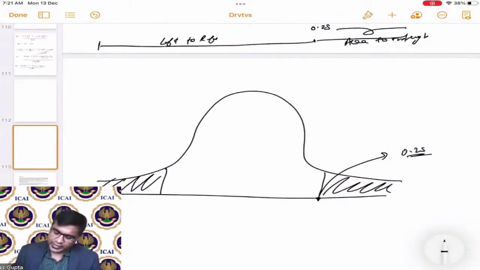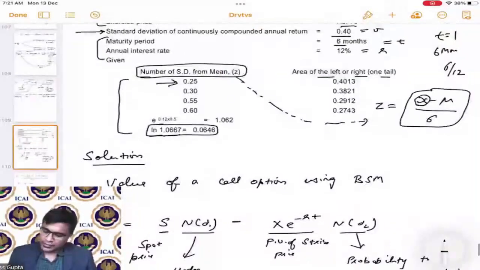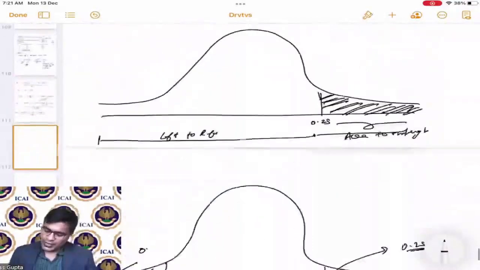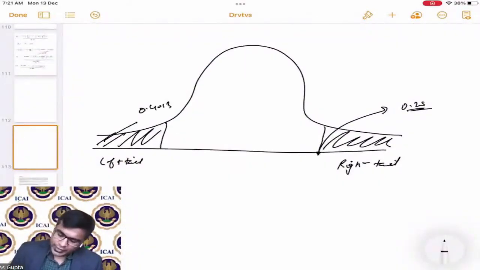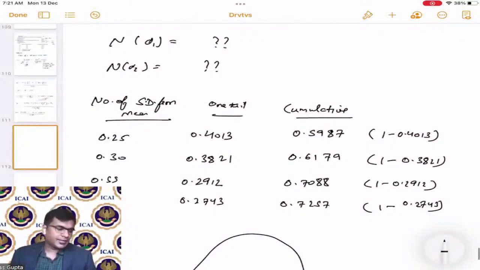This is called the left tail and this is called the right tail. For example, we were given in the question 0.4013, and this would also be 0.4013, correct? But we have to find out this area till here, which is our observation. Hence, we have done 1 minus this, correct?